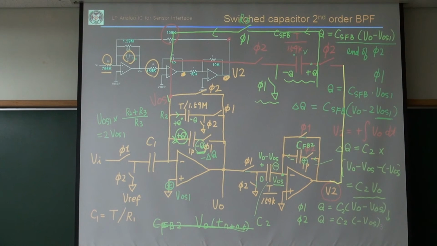So because of this resistor, my VO will have around twice the input offset voltage at the output. Doesn't matter too much. Question? No question?